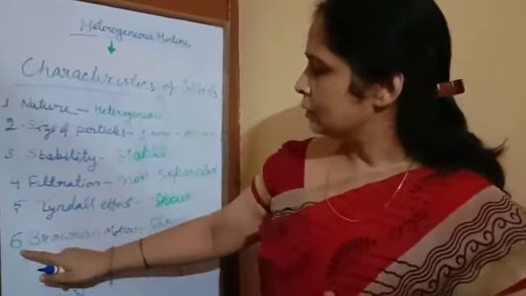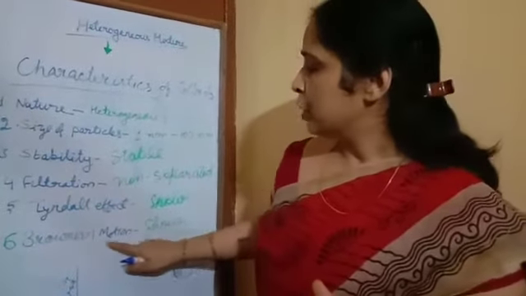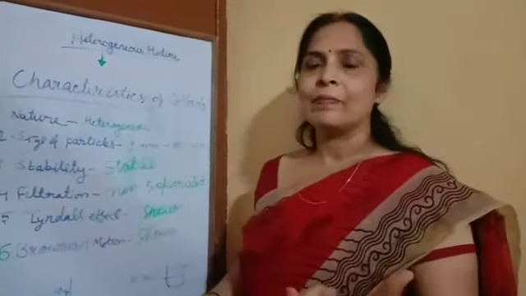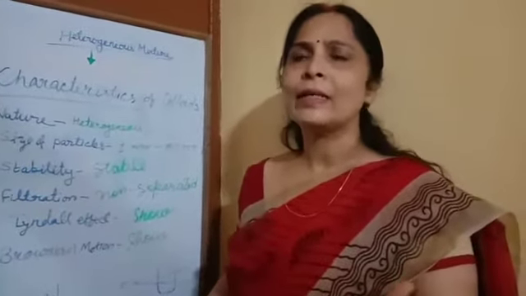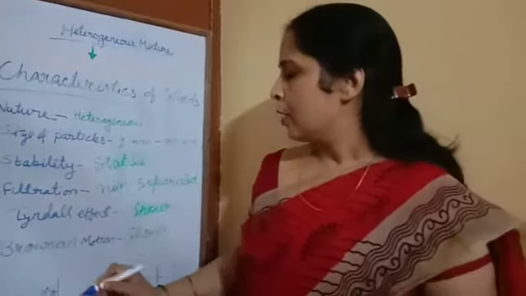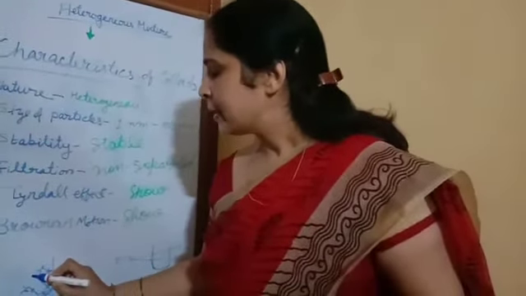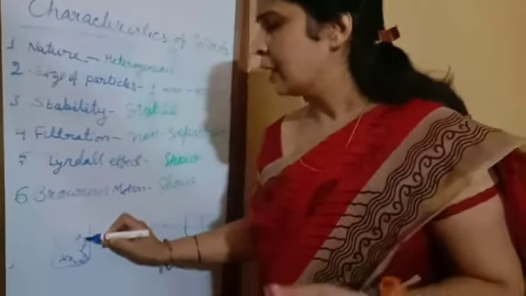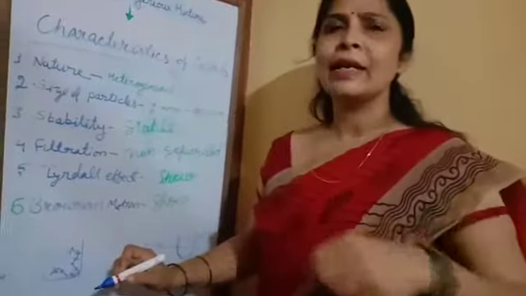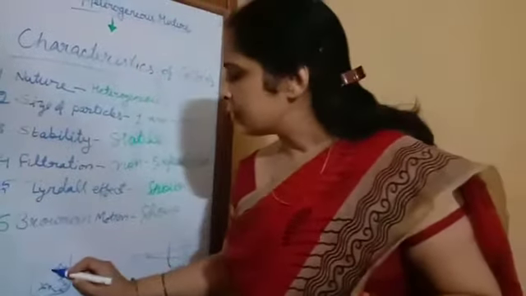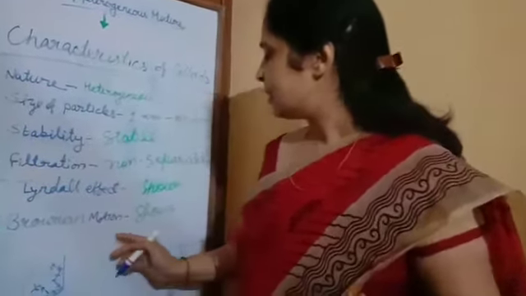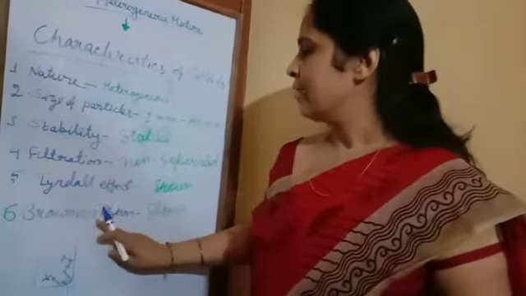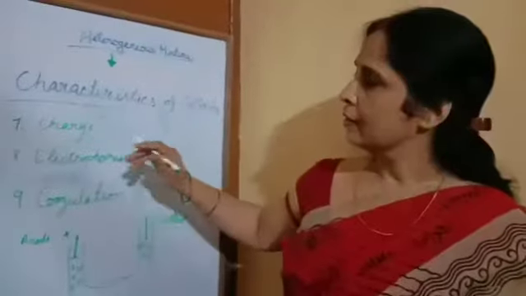Now next property, Brownian motion. What is Brownian motion? When we see our colloidal particles under a microscope, you can see that the particles of colloidal solution are continuously moving randomly, in a zigzag direction, and this motion we say Brownian movement.